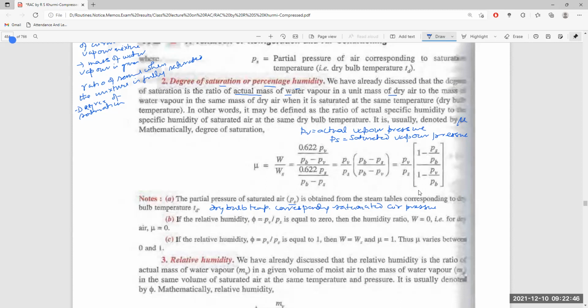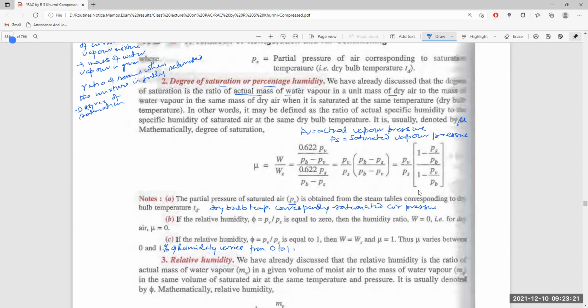If the relative humidity is equal to 1, then W is equal to Ws and mu is equal to 1. Mu varies between 0 and 1, which means the percentage of humidity varies from 0 to 1.